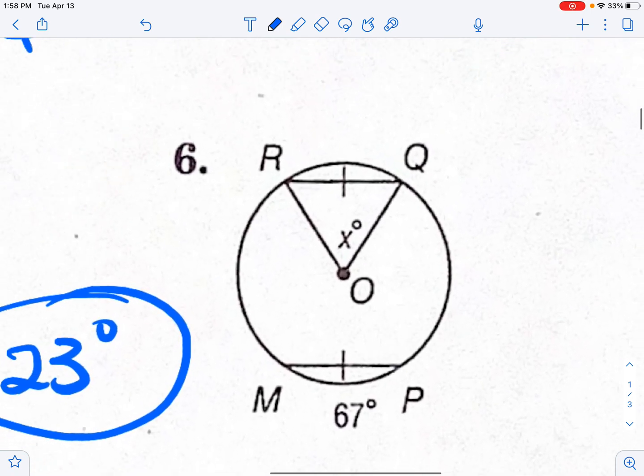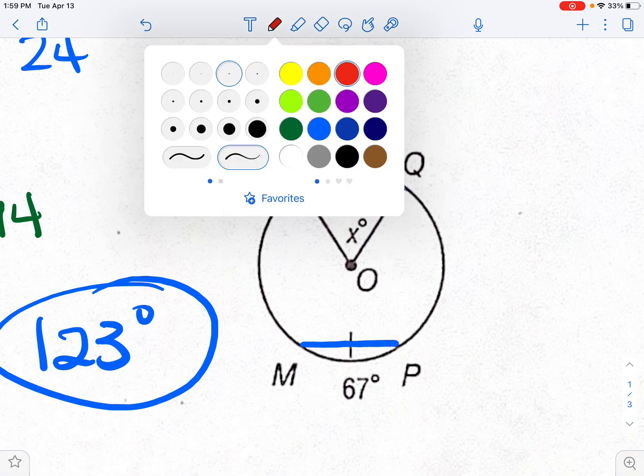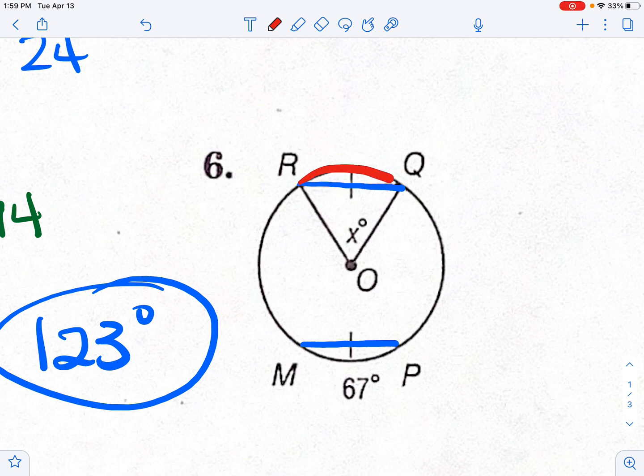Number 6. Okay, so because this chord is congruent to this chord, this arc is congruent to this arc. So arc RQ is equal to 67 degrees.